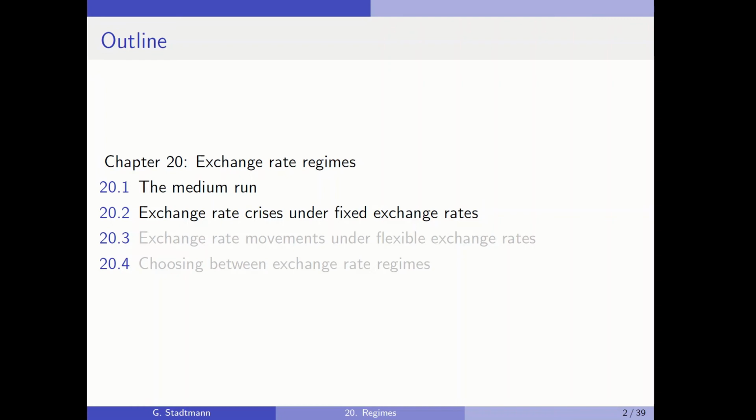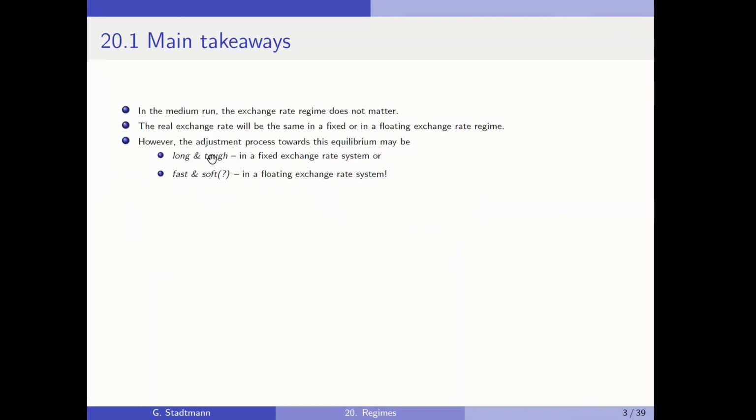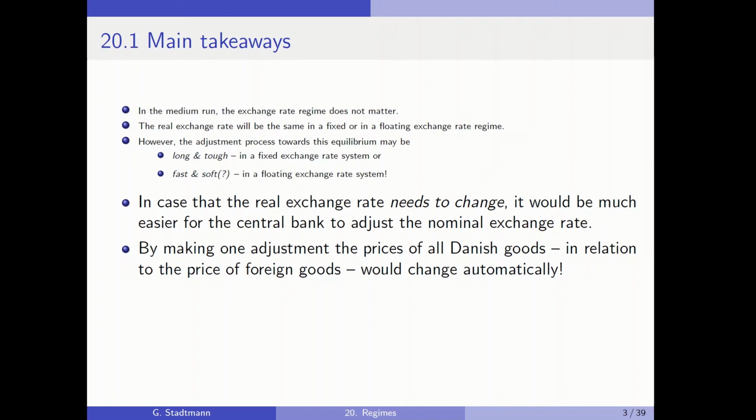We already talked about the fact that in case the real exchange rate has to adjust, this adjustment process might be long and tough in a fixed exchange rate system or fast and soft in a floating exchange rate system. So in case, for example, the real exchange rate needs to change, it would be much easier for the central bank to adjust the nominal exchange rate.